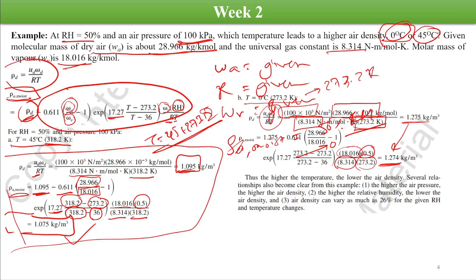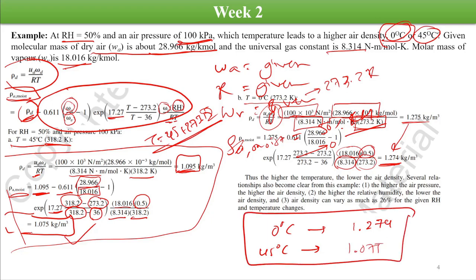Okay. So we'll see when the temperature is 0 degree Celsius, the moist density of the air is 1.274. When the temperature is 45 degrees Celsius at the same humidity and the pressure 100 kPa, the moist density goes down to 1.075.